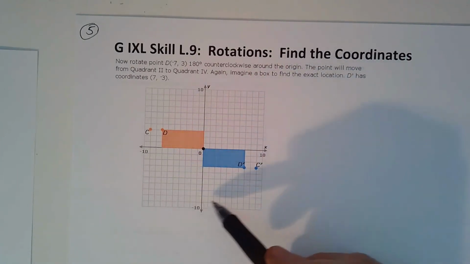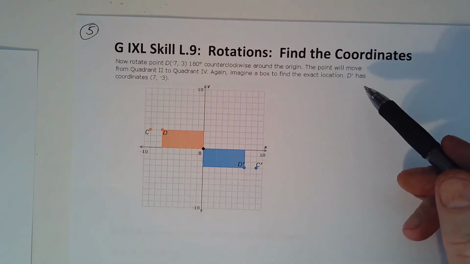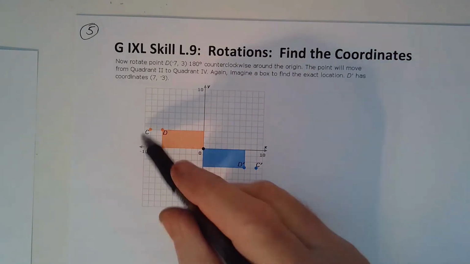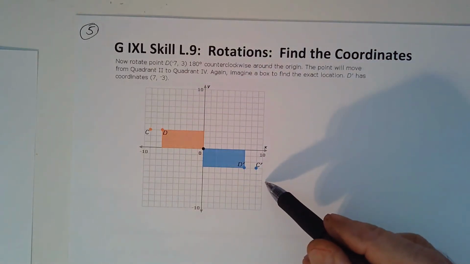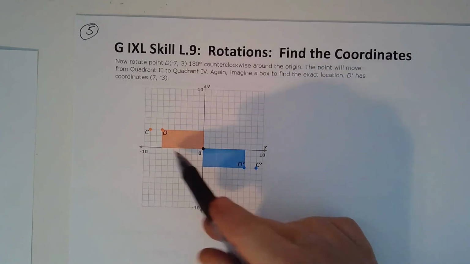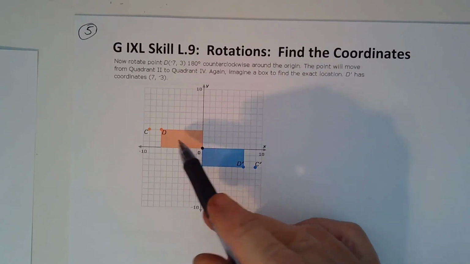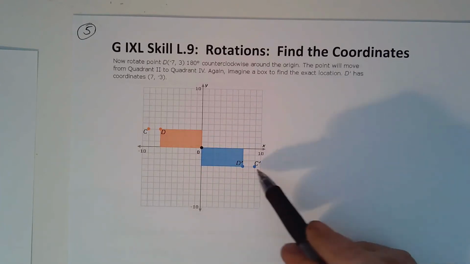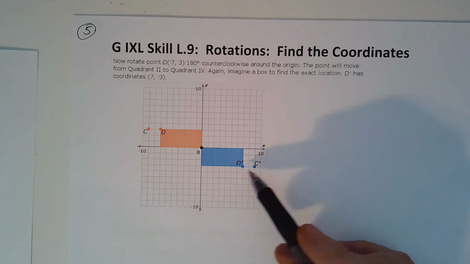But then they rotate them around again. And so again, the point will move from quadrant 2 to quadrant 4 like it did before. And again, you could cut out a box made with the same size. You'd have to figure that out, rotate it around, and you'd find where D is, and now you've got C and D here. Okay.